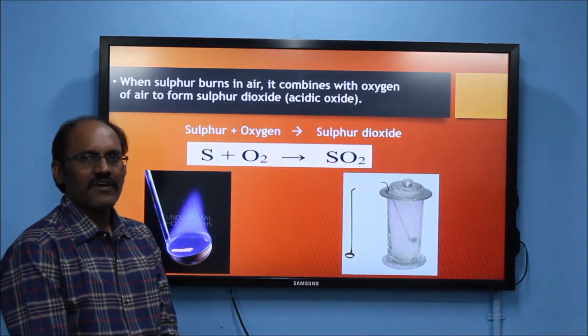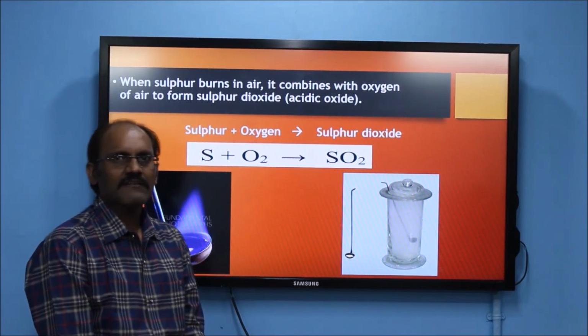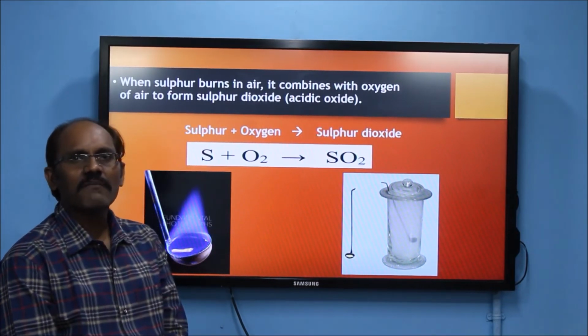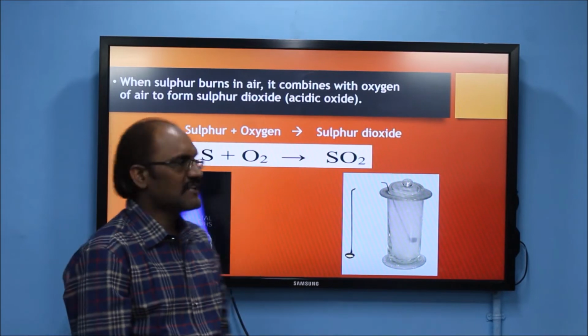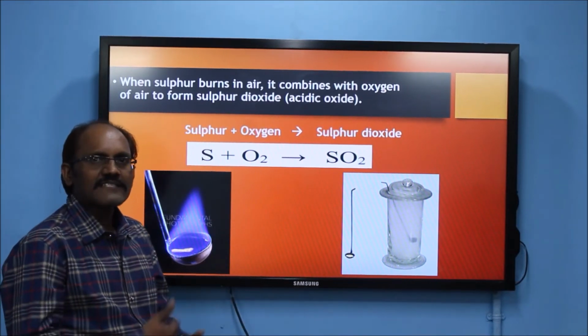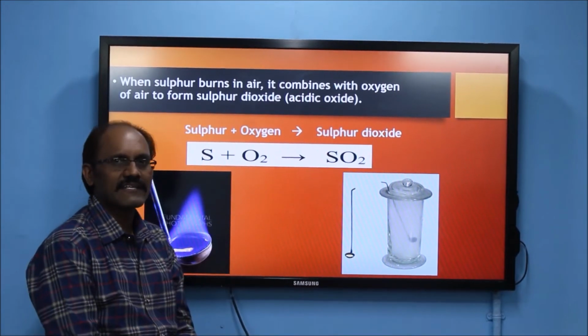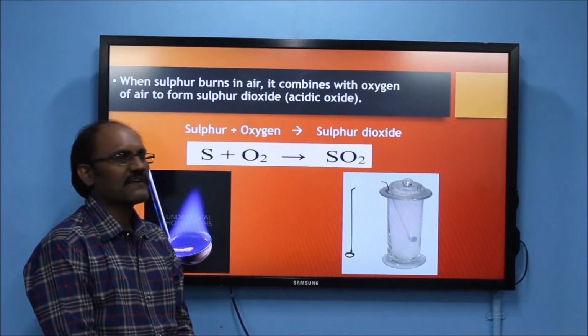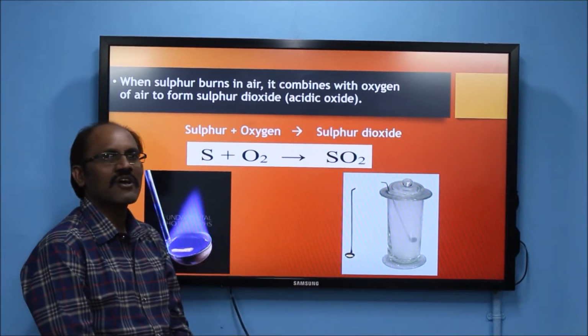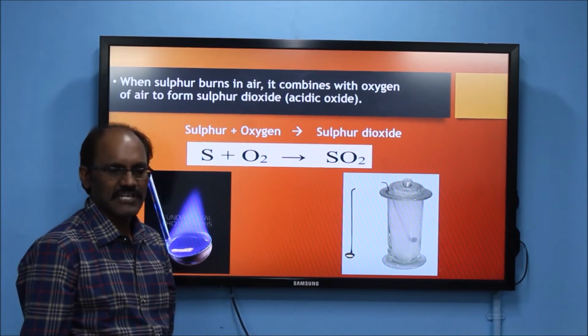One example of a non-metal is sulfur. Sulfur is a non-metal and it is available in the form of powder. So when sulfur powder is burnt, then it reacts with oxygen gas and produces sulfur dioxide gas. Sulfur dioxide is a non-metal oxide and it has acidic nature.